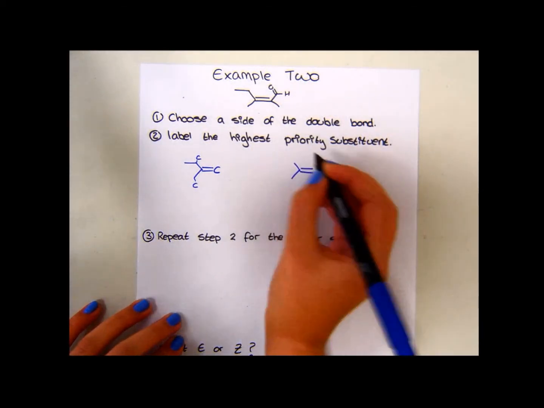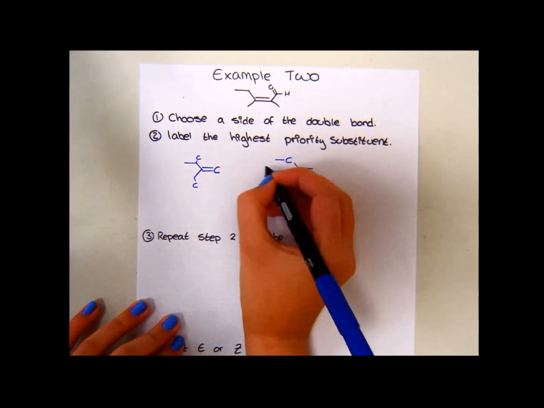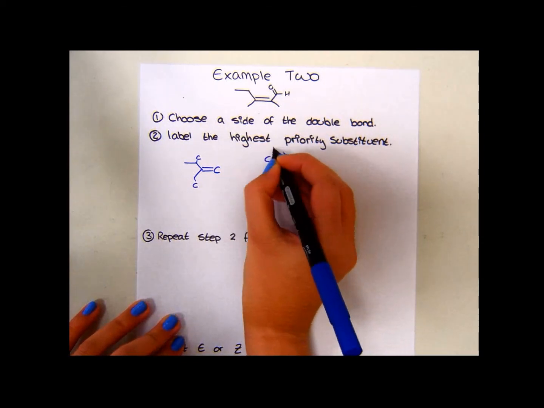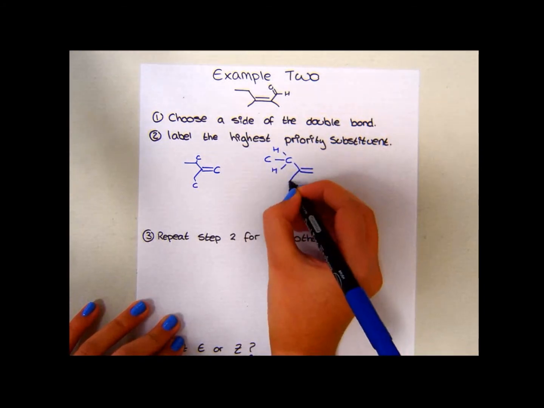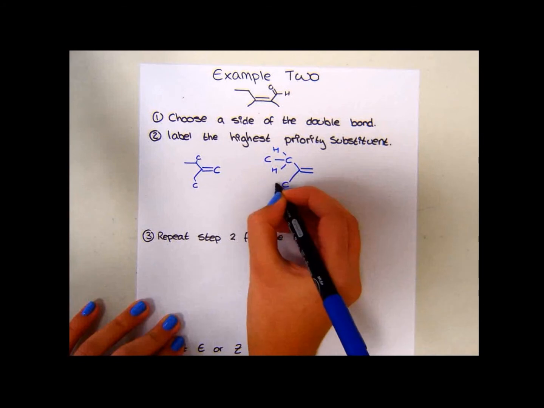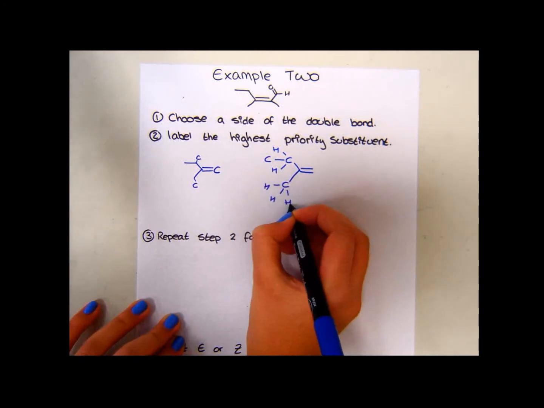So redrawing this, we get carbon here, and following that along, it goes to another carbon, as well as a hydrogen and another hydrogen. The carbon on the bottom following it along, goes to 3 hydrogens.